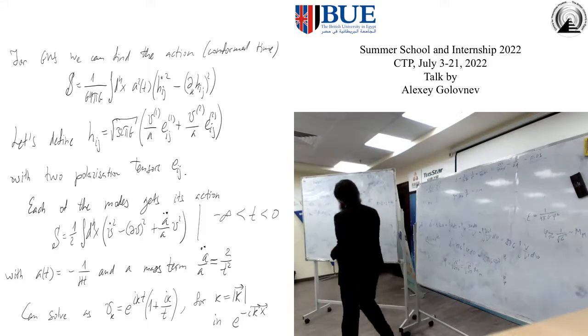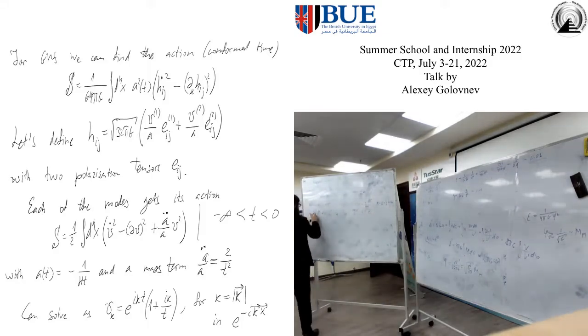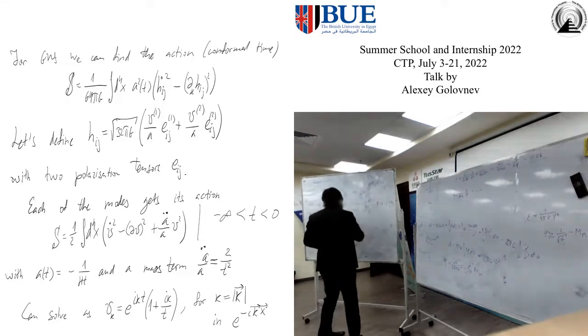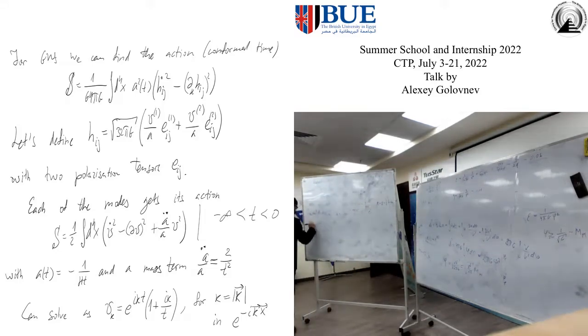And then we do a change of variables. Oh, and sorry, here it was not 1/2. Here it was 64 pi G. And we can change the variables like h_ij. You remember it has 2 polarizations.